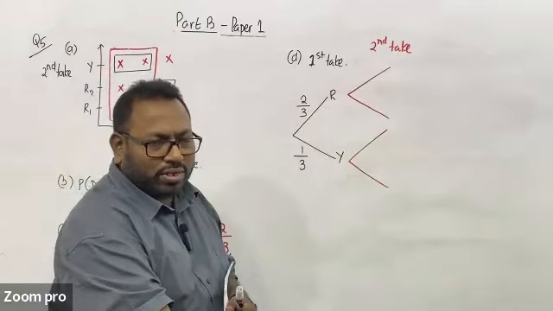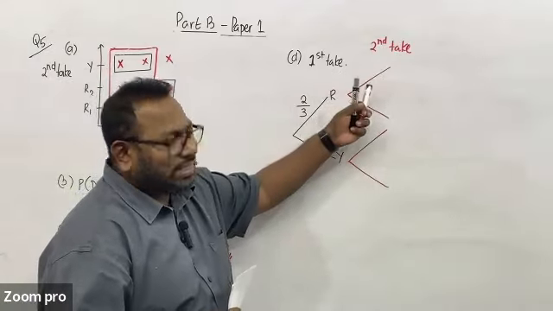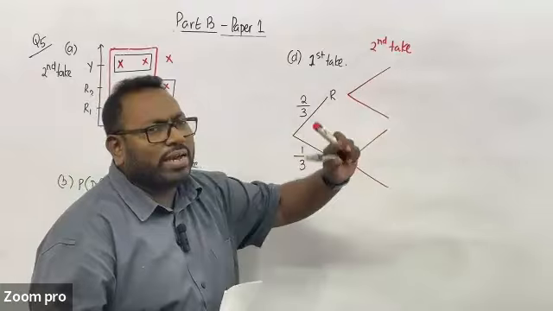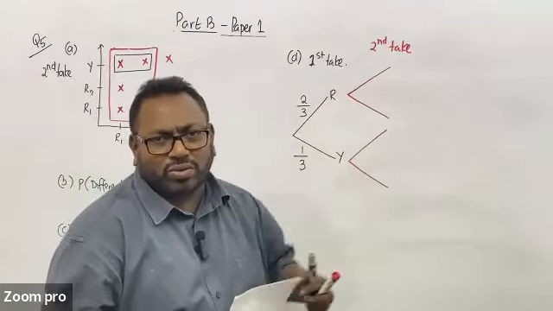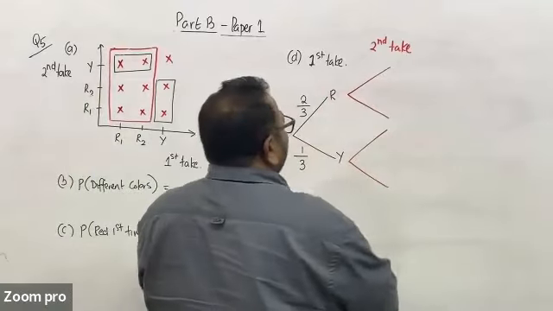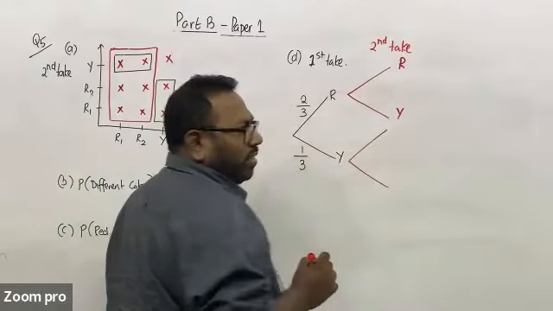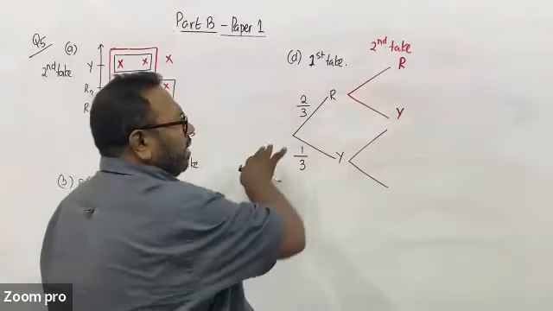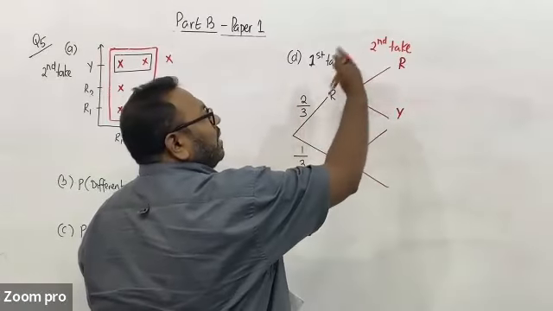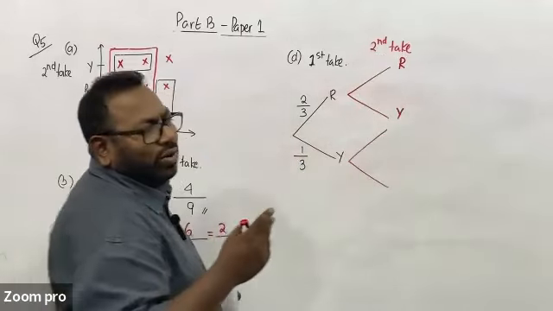You record the color, put it back in. When you again take for the second time, again you only have red and yellow in the bag. So you have red here, yellow here. That is for the first time. Having taken red the first time, in the second time you might take a red or you might take a yellow.